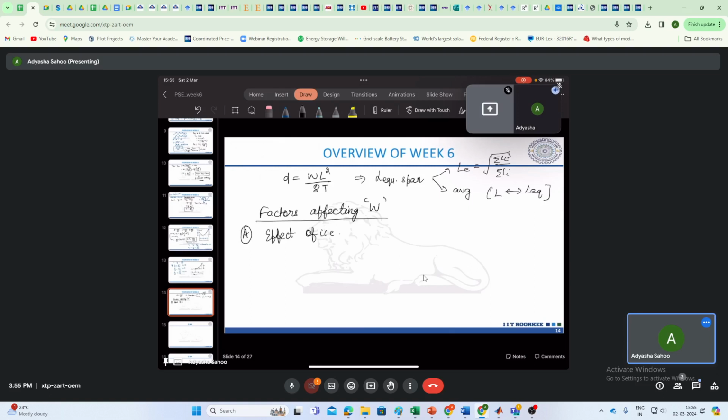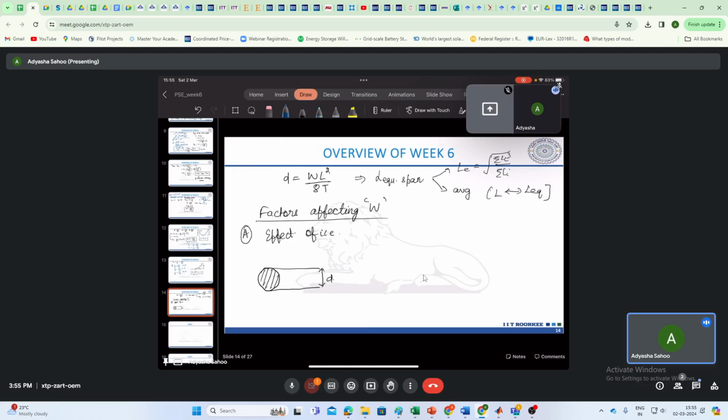Let's say this was your conductor of diameter D, and then there is ice formation.